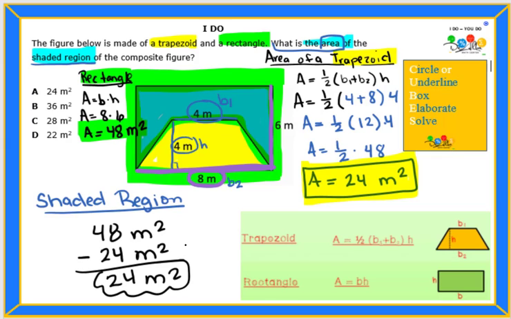This is the area that is left in the shaded region. So if we look at our answer choices, the correct answer is A, 24 square meters is the area of the shaded region of this composite figure.